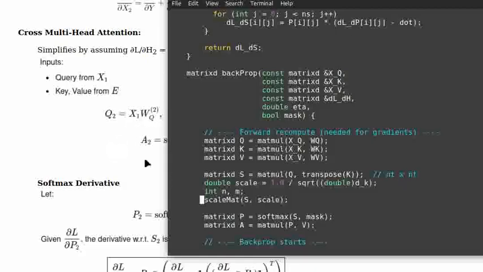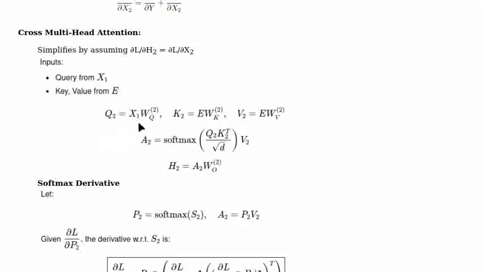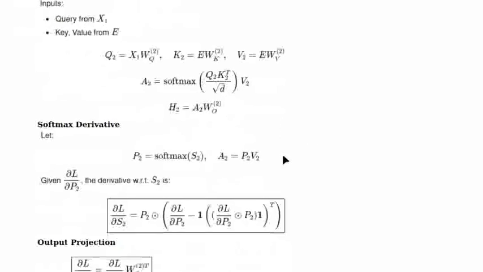Now the Q, K, V here are obtained by projecting the inputs with the corresponding weight matrices. So these are inputs, and the inputs in these formulas for the cross multi-head are X1 and E. So we obtain Q, K, V from these formulas, and from this product we obtain the A value.